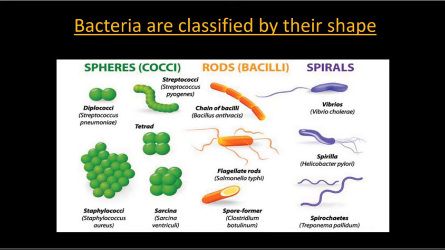Okay, some types of spherical cocci you've probably heard of. Things like Staphylococcus causes a staph infection, where you get those boils that are kind of like pimples, but they really hurt and sometimes need to be drained. Nice thought.